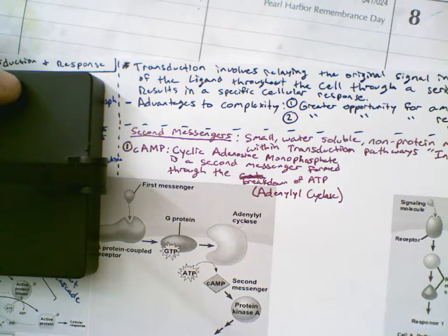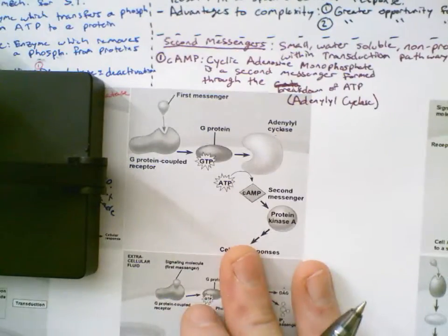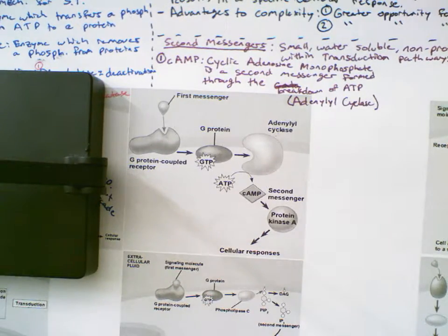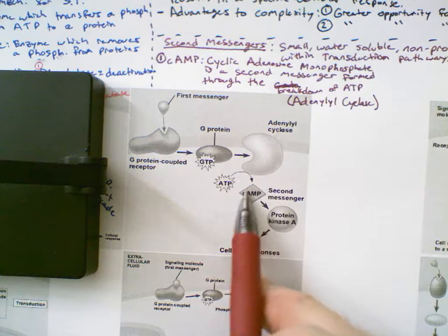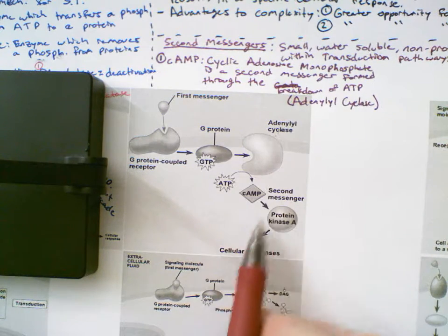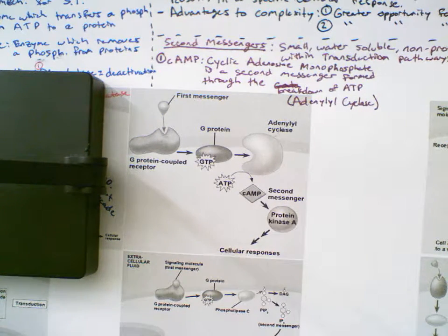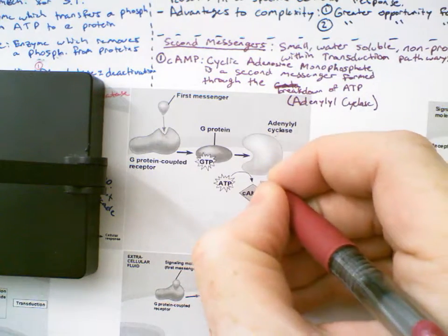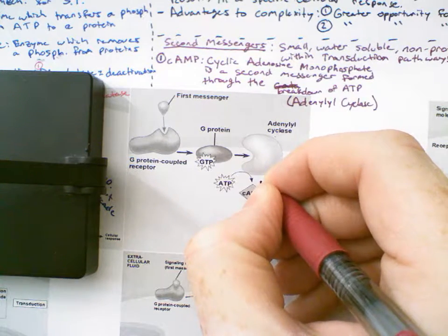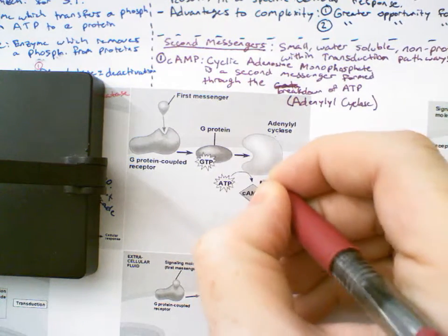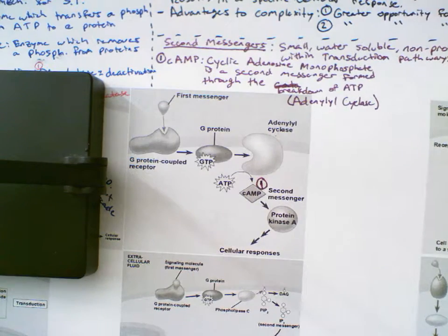Okay. So this is one of these second messengers, and basically, I feel like it seems so much more complicated than it is. Think of it exactly as being just another protein within this cascade, except it's not a protein. So it's going to be a different non-protein molecule. So essentially what we see happening is, so I'm just going to put our 1 here, because this is where it's occurring.